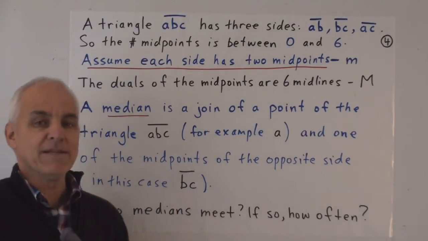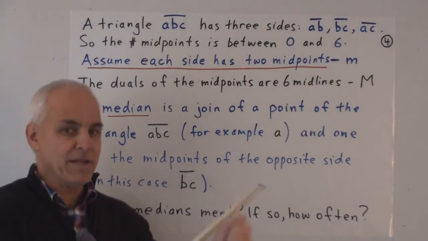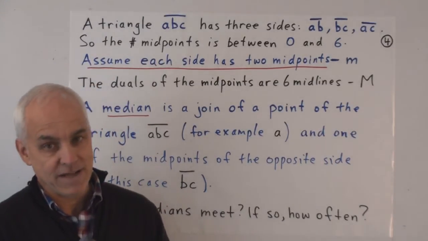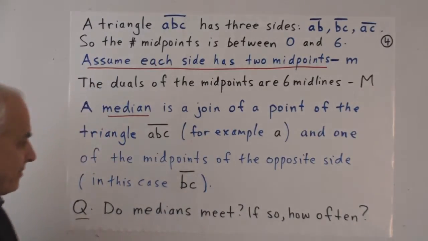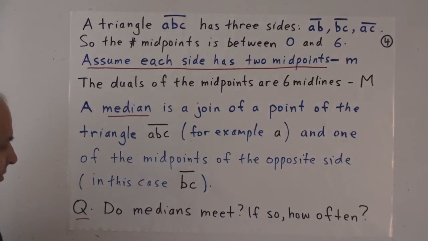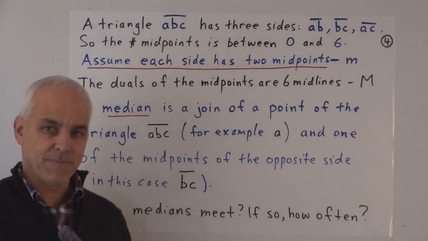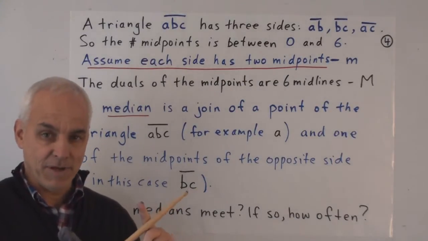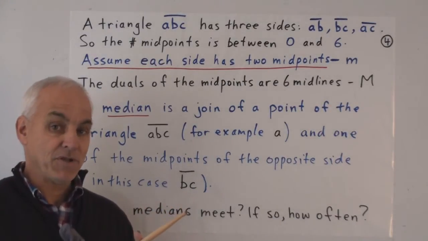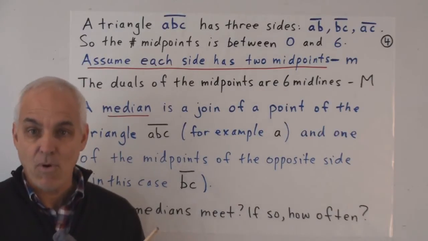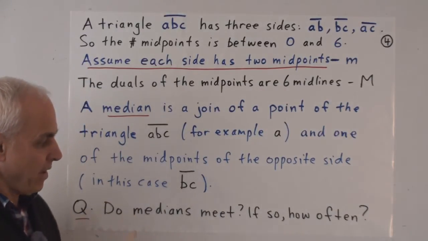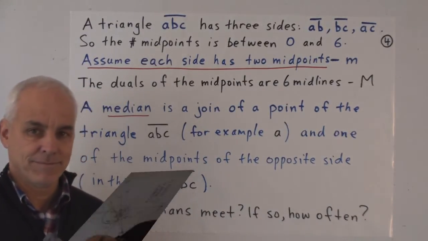So there are 2 medians emanating from A, 2 medians emanating from B, and 2 medians emanating from C. A natural question: do these medians meet? Well, of course, any 2 lines meet because we're in projective geometry. But the question is, do 3 or possibly more of these lines meet? And if so, how often?